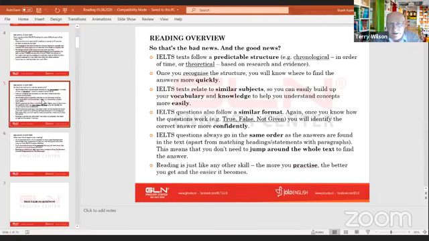IELTS texts relate to similar subjects, so you can easily build up your vocabulary and knowledge to help you understand concepts more easily. One thing I say to my students is that if you do find unfamiliar vocabulary when doing an IELTS reading, then make a note of it, and as part of your homework, go to a dictionary and find the meaning.